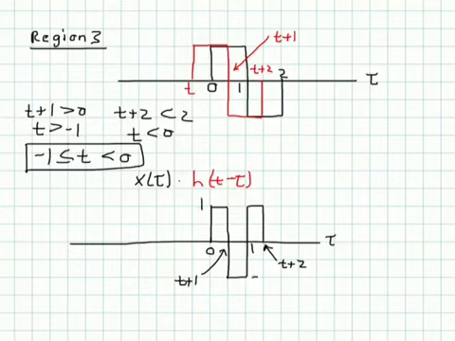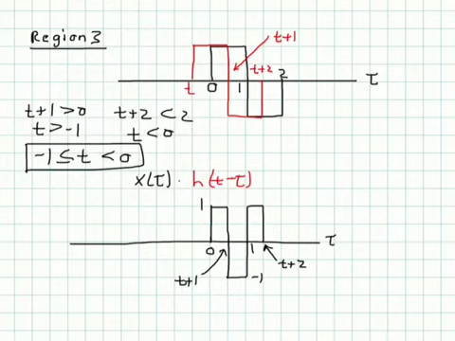This is 1, this is minus 1. And so we have to now integrate to get the area under the curve. So now we're going to actually have 3 different integrals that we're doing, because in this region it's equal to 1, in this region it's equal to minus 1, in this region it's equal to 1. And so let me see if I can fit this integration down here at the bottom.